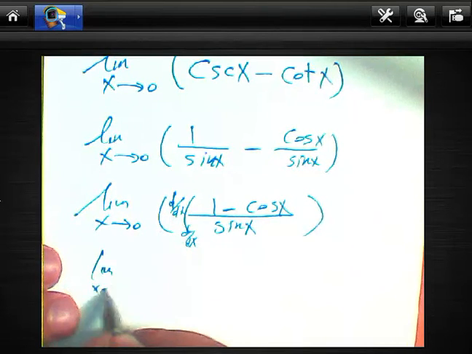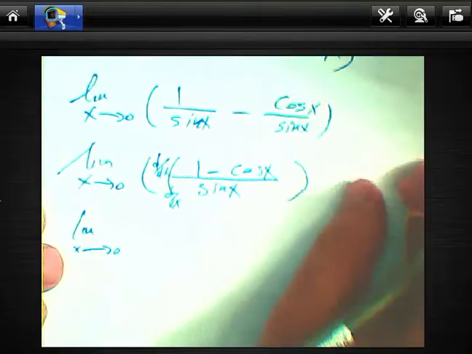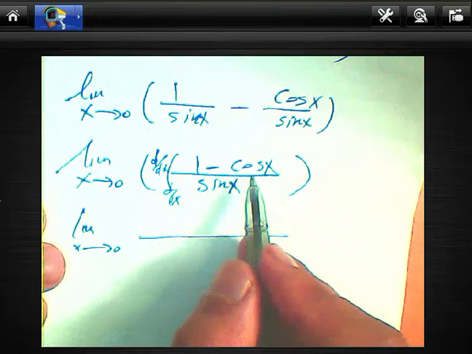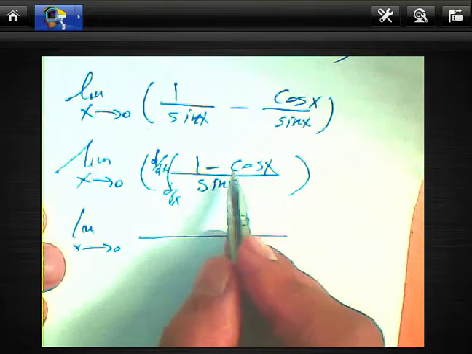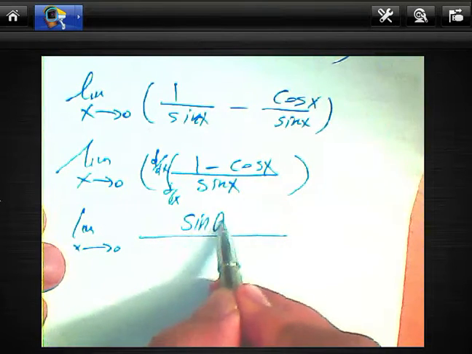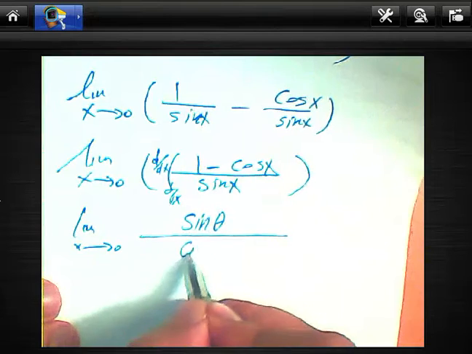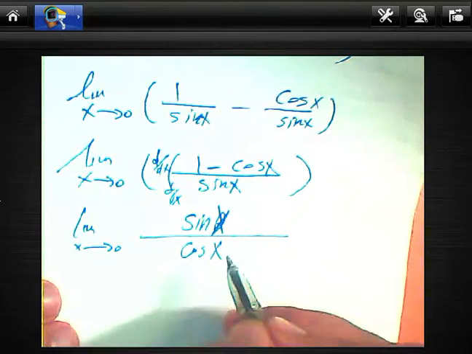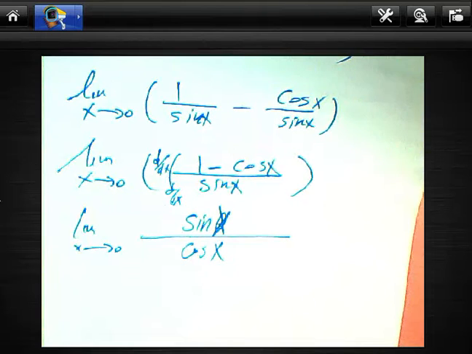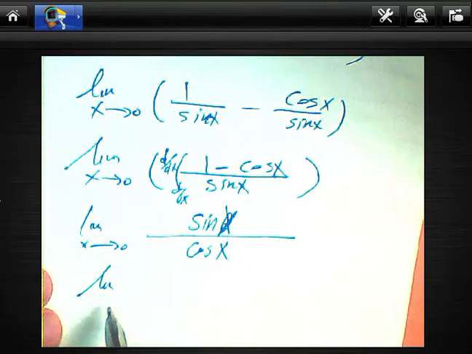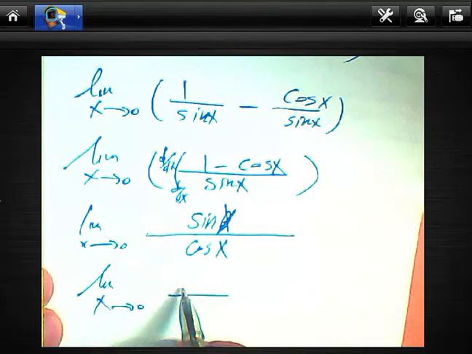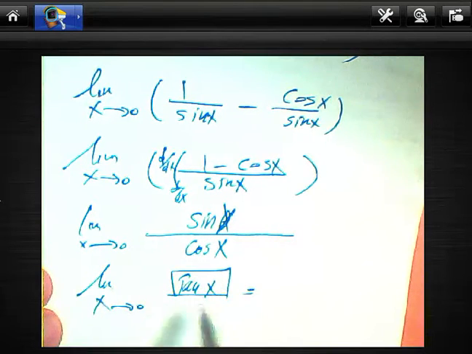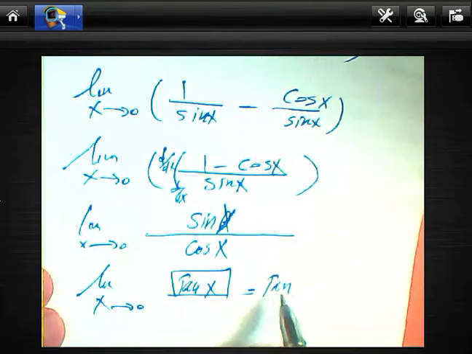Limit when x approaches 0: for the numerator, the derivative of 1 equals 0, and the derivative of negative cosine is sine, negative sine multiplied by negative equals positive. The result will be sine of x, and the derivative of sine equals cosine. This angle was x. Okay, sine x over cosine x equals tan x. We can write the limit when x approaches 0 of tan of x, because sine over cosine equals tan, and then we write tan of 0.